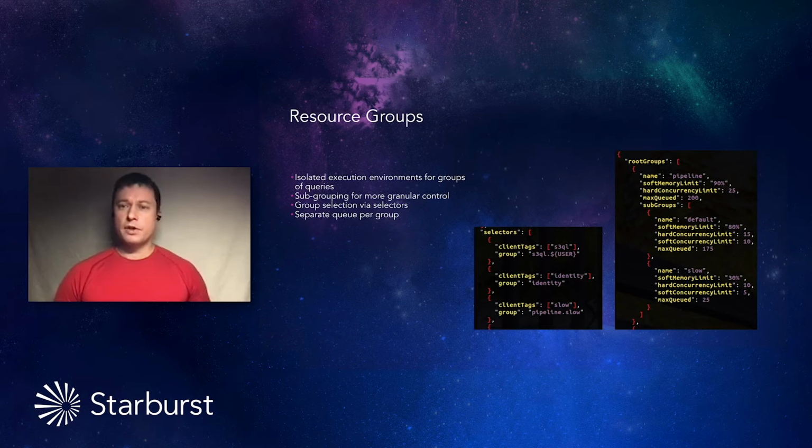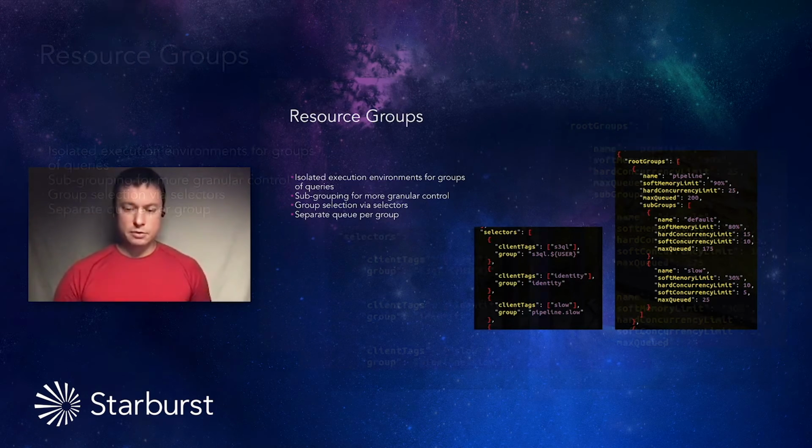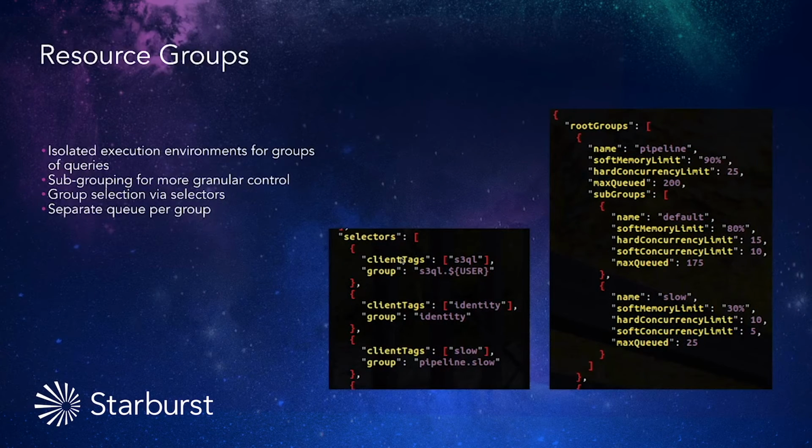The next one that's fairly tightly coupled with the concept of the sessions is the resource groups. They use a similar syntax, but the resource groups refer to groups of queries being identified by that same selector concept. You can identify with a client tag or even potentially a username or query type, and then route them to the appropriate group for those identifiers.